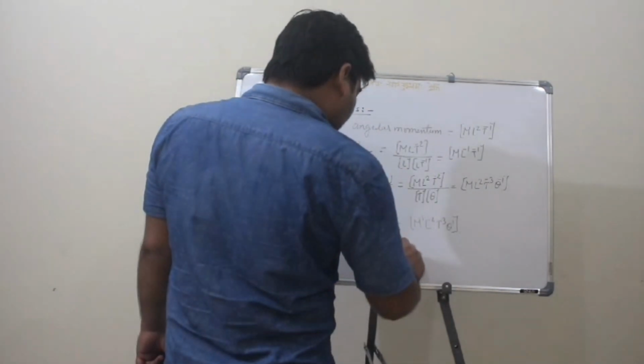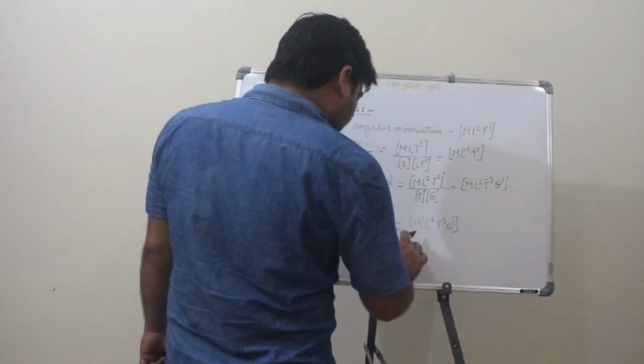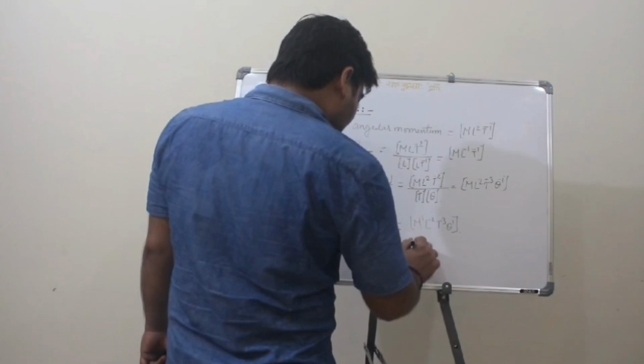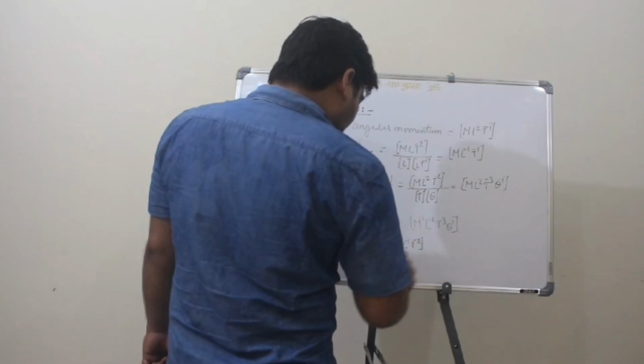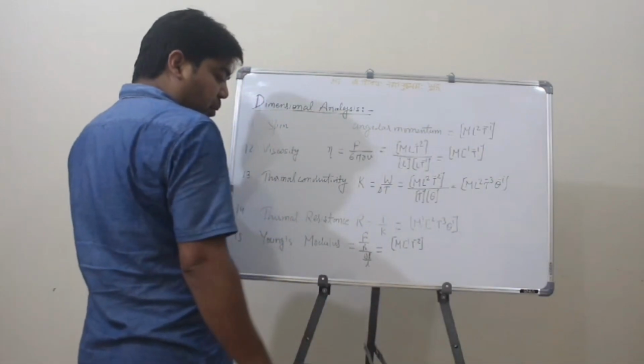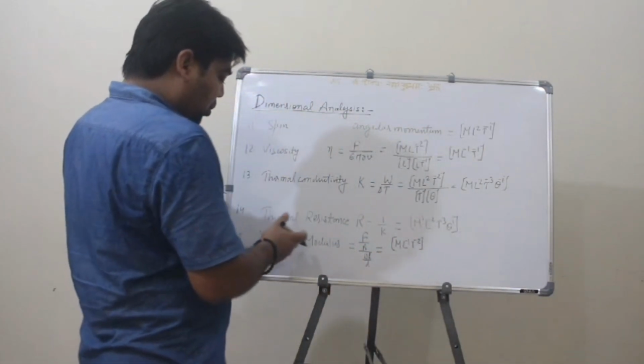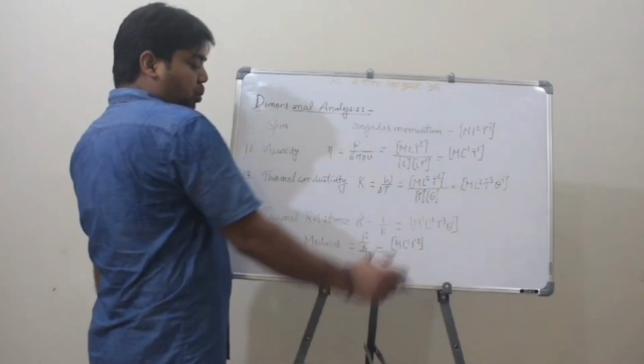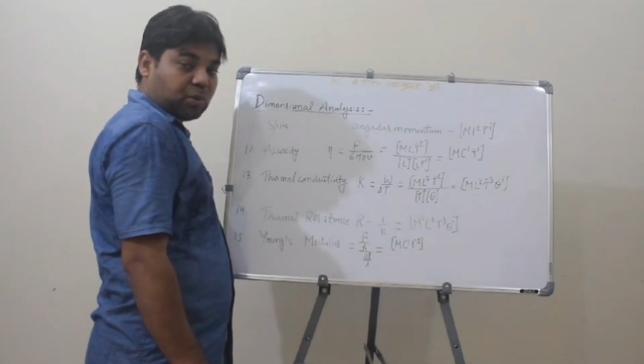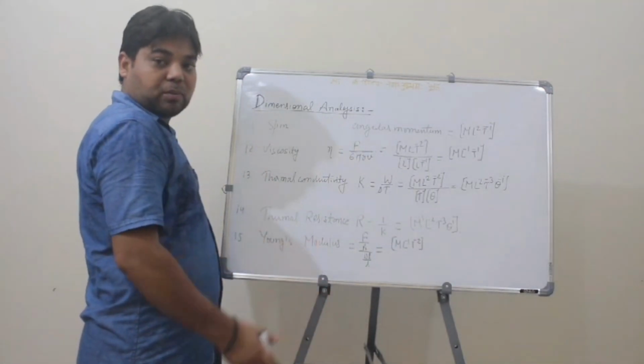So force per unit area has a dimension of M L to the power minus 1 T to the power minus 2, whereas delta L by L is a dimensionless quantity. So the dimensional formula of Young's modulus is M L to the power minus 1 T to the power minus 2. Please note it down.